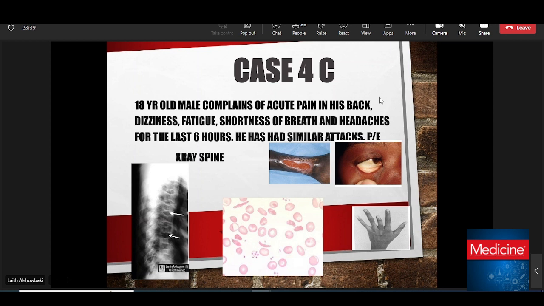So behind the bone, you can see some hypodensities related to veno-occlusive events leading to a lack of blood supply to not only the bones but also other areas in the body.